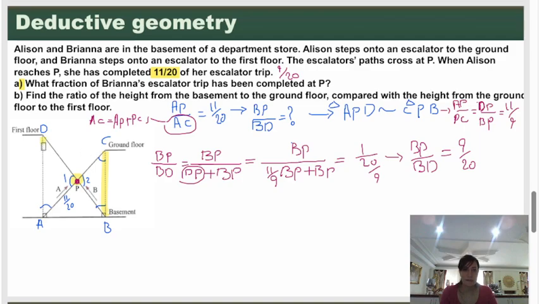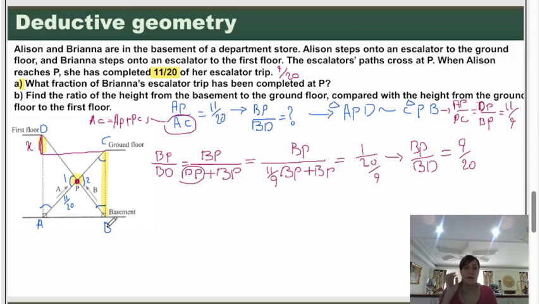That means from the ground floor to the first floor, I am going to find this part. That means the ratio of BC to X that I put here, I am going to compare these two heights.